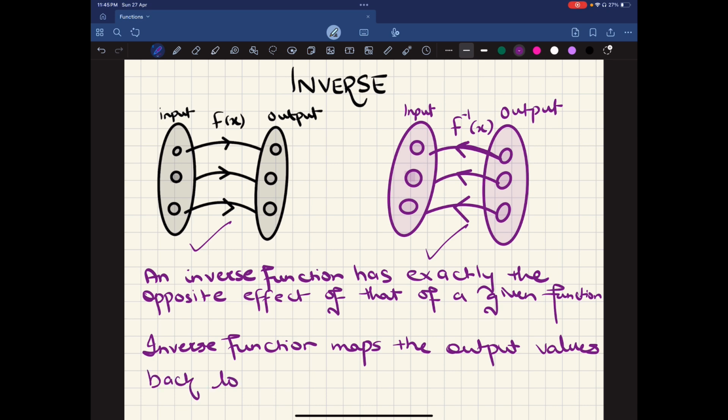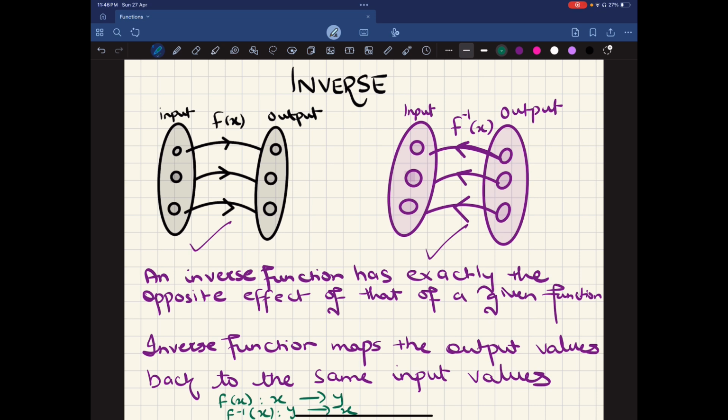What it means is that, if f of x maps x onto y, the inverse function, which is f inverse of x, maps y back onto x.